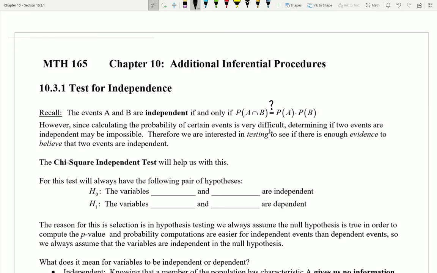Now, calculating probabilities in the real world is sometimes very difficult to do. It's easy with certain probability experiments like rolling a die or picking cards out of a deck, some of the things that we did back in chapters 3 and 4. However, in general, this is very difficult to determine.